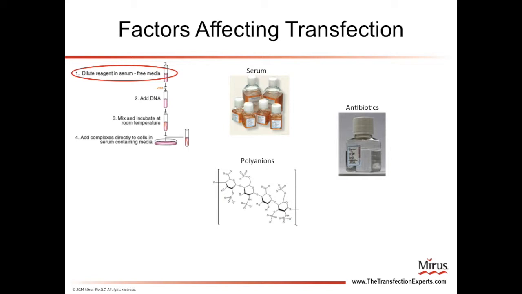Similarly, some serum-free media contain polyanions, such as heparin or polydextran sulfate, that may inhibit formation of active transfection complexes. Certain transfection applications require surfactants, such as Embryonic, for long-term growth and increased protein yields. However, these compounds can inhibit transfections at high concentrations and should be avoided altogether during complex formation.